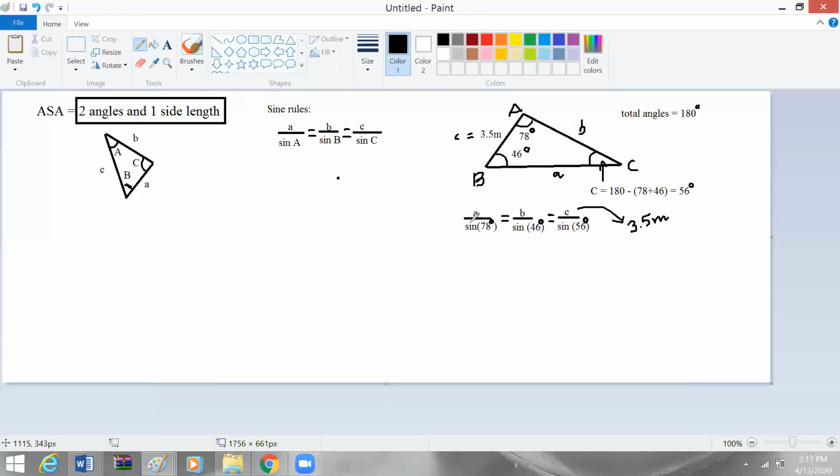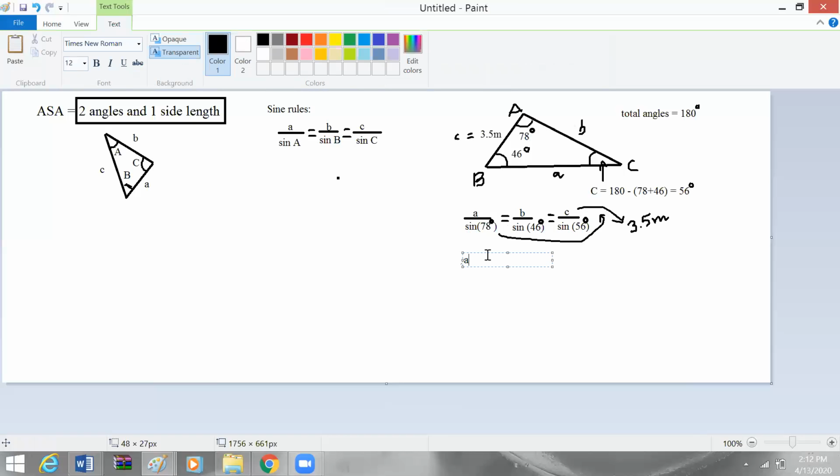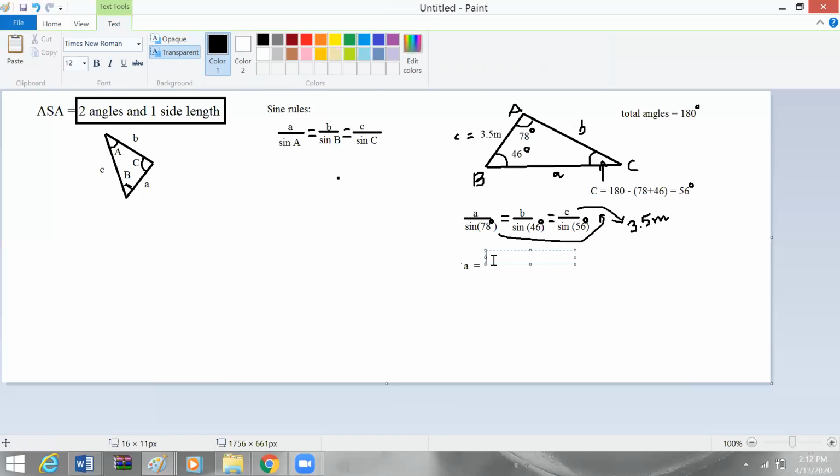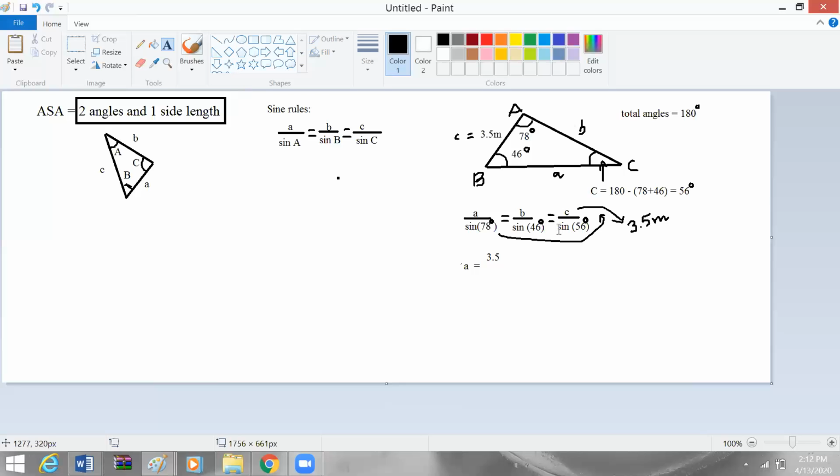For the a, I need to multiply both sides by sine 78 to the top of it. So a will be equal to, let me just rewrite them so that it looks a lot easier, c, in this case 3.5, divided by sine of 56 degrees.